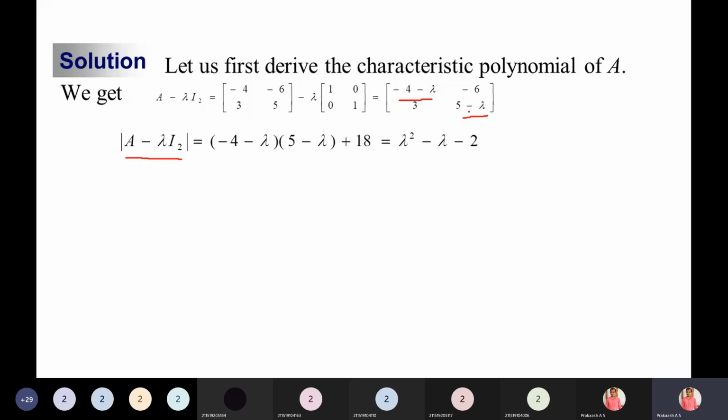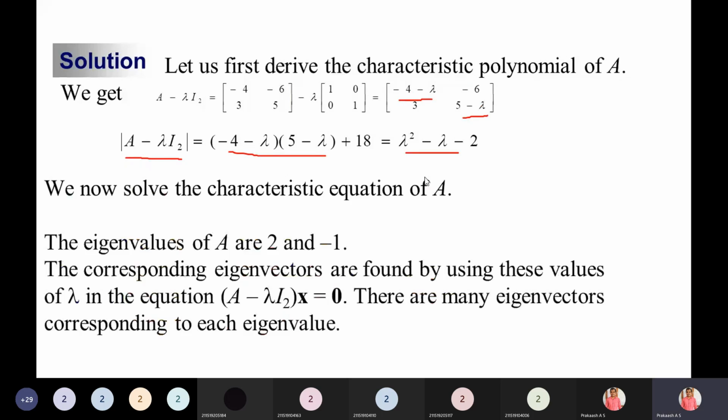If you expand by taking the determinant, you get the product of the main diagonal elements minus the product of the off-diagonal elements. So solve the characteristic equation of A. By solving this, you will get the eigenvalues 2 comma minus 1.